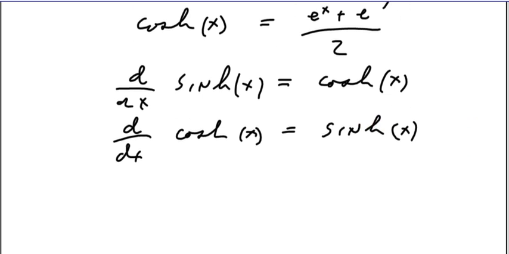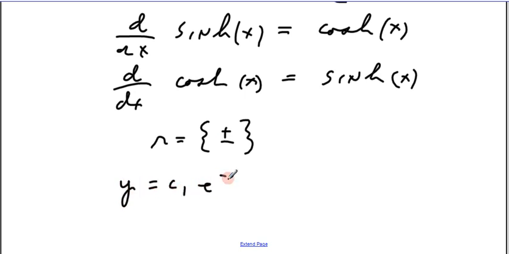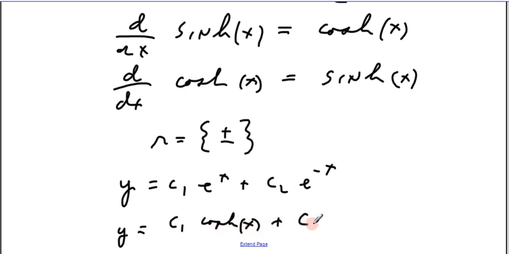So if I were to have a characteristic equation that ends up giving me r's that are plus or minus 1, you'd say, well, the solution y is equal to c1 e to the x plus c2 e to the minus x works. But you have another solution that says c1 hyperbolic cosine x plus c2 hyperbolic sine x. And both of those solutions check.